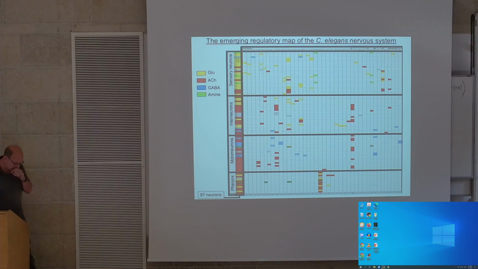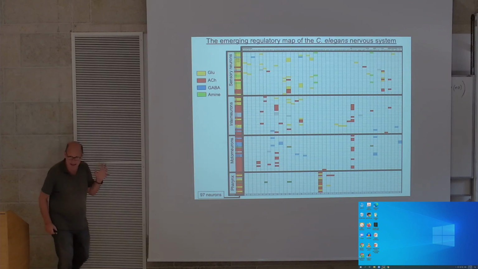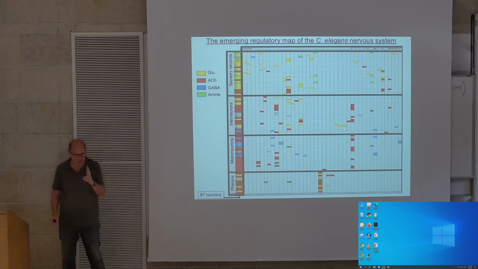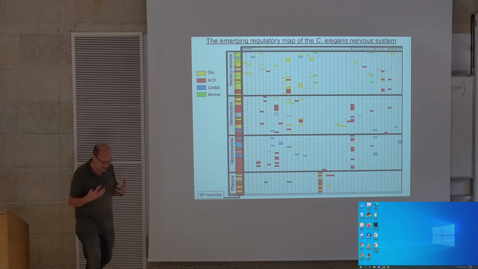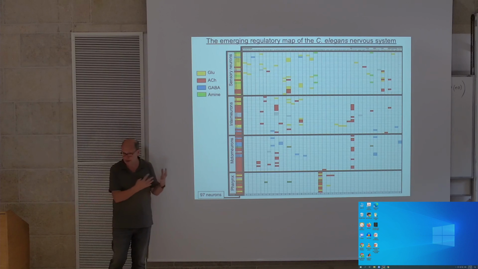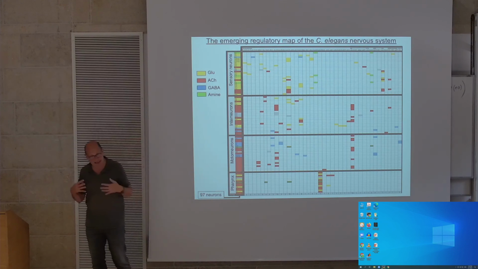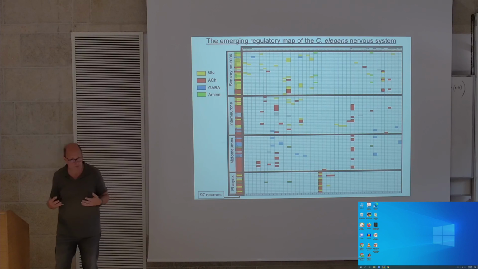So I want to now move back to this table, and stare at this table a little harder, and I'll do that twice with you today. Staring at the table like this and trying to extract some principles may hopefully tell us something about the C. elegans nervous system, but really may tell us something about how nervous systems evolve.